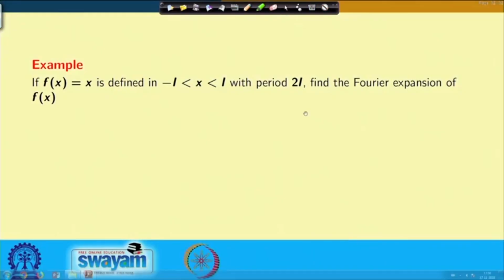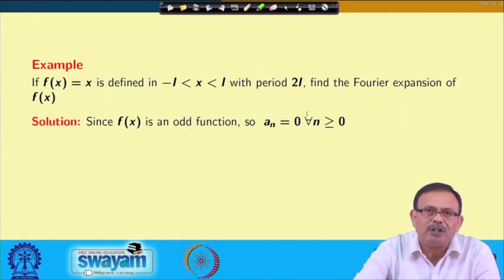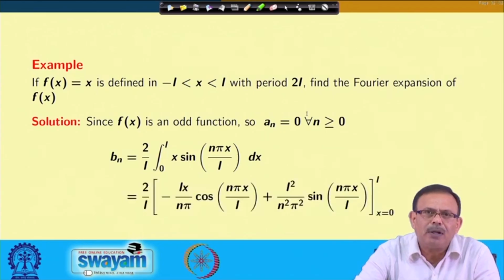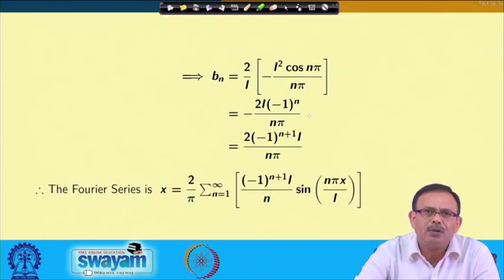Let us see this thing quickly. So, f(x) is an odd function, a_n is 0 for all n including a_0. Your b_n will be then from the formula 2 by L integral 0 to L x sin n pi x by L dx. If you evaluate the limit, you will obtain the value as 2 into minus 1 to the power n plus 1 into L by n pi.